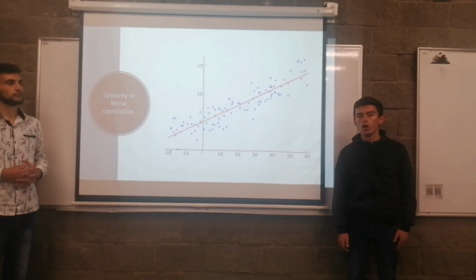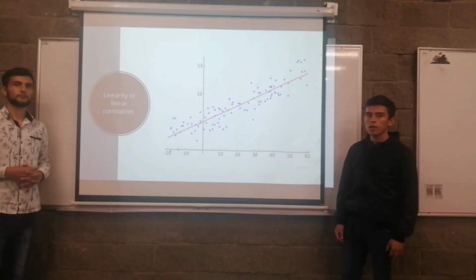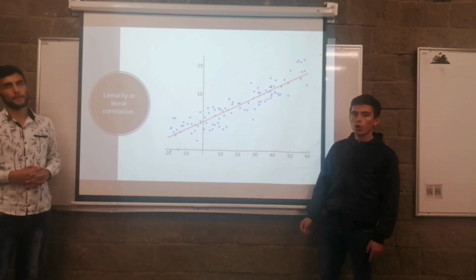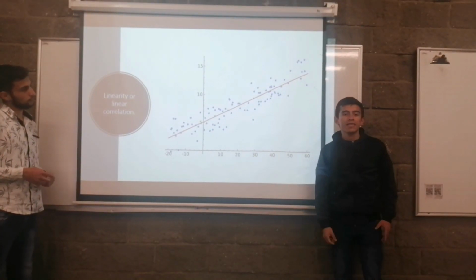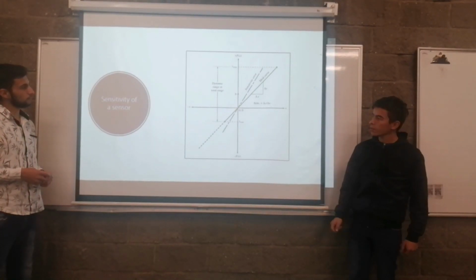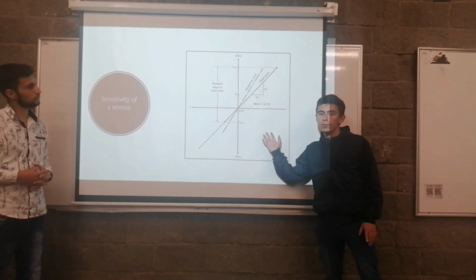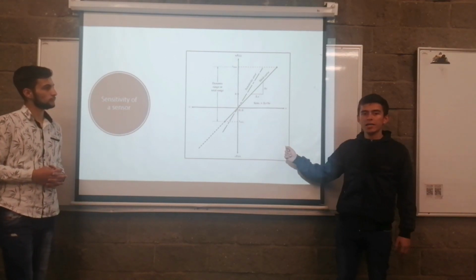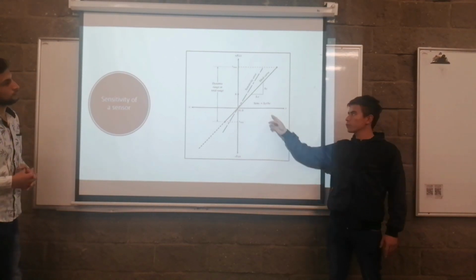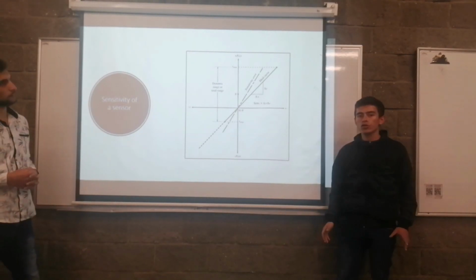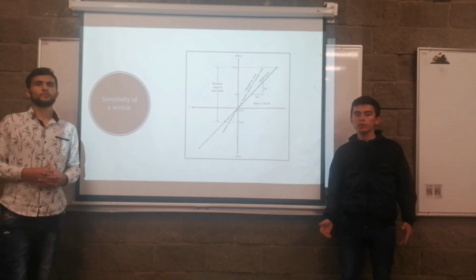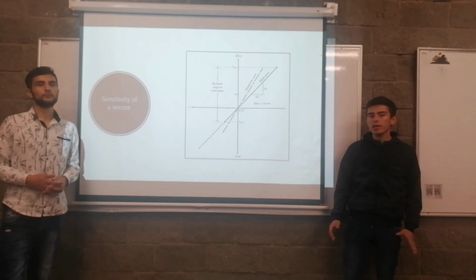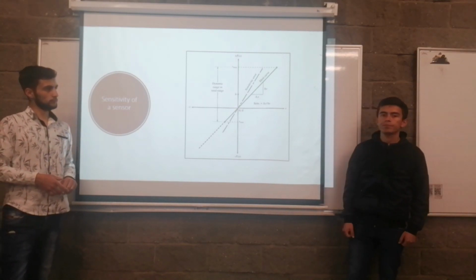We can find other technical characteristics, for example, linearity or linear correlation, and sensitivity of a sensor, which relates the output to the variation of the input magnitude. Resolution is the minimum variation of the input magnitude that can be detected at the output.